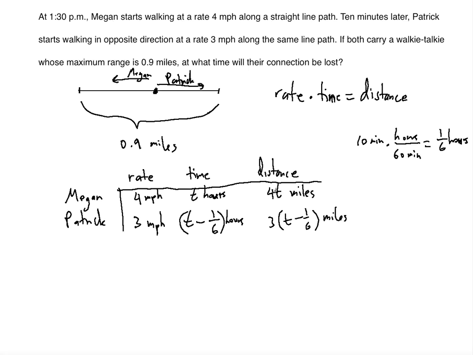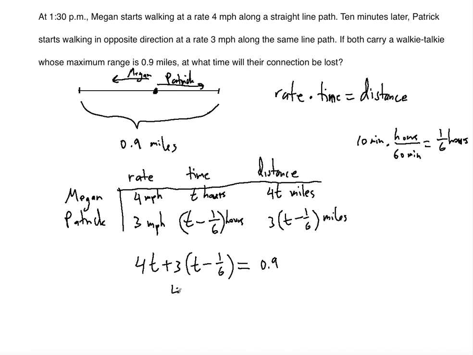So it means that we will have to add these distances, their individual distances, to get 0.9 miles. So we're going to have 4t plus 3(t minus 1/6) is equal to 0.9, the maximum range of the walkie-talkie.